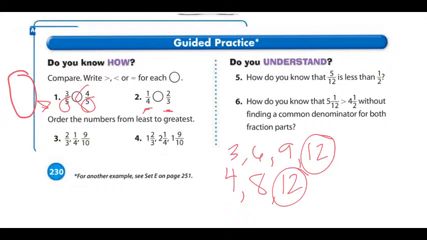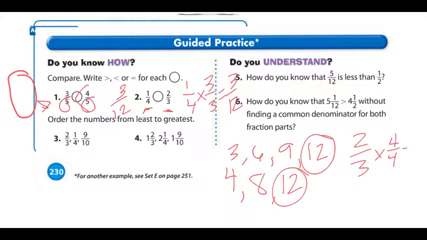So I can make 1/4 equivalent to 12ths, times 3/3 to get 3/12. So this one I know is 3/12. And then 2/3, times 4/4 gets me 8/12.